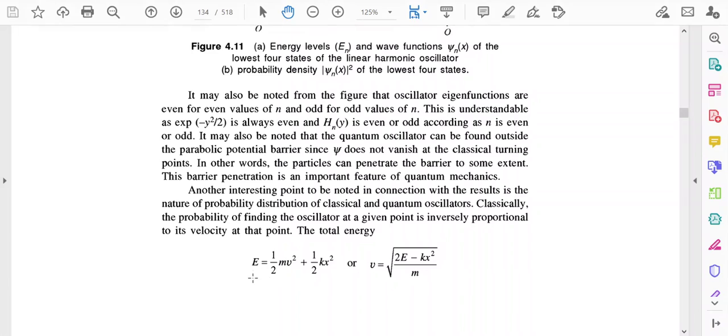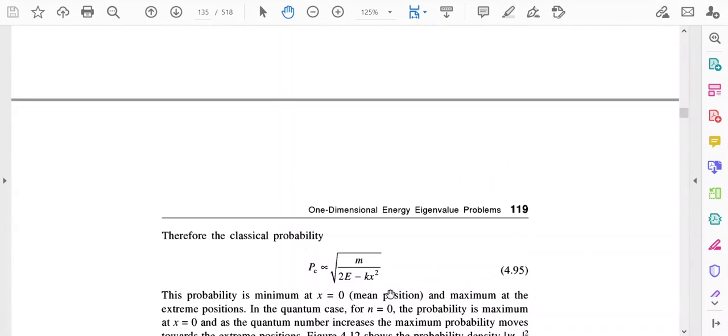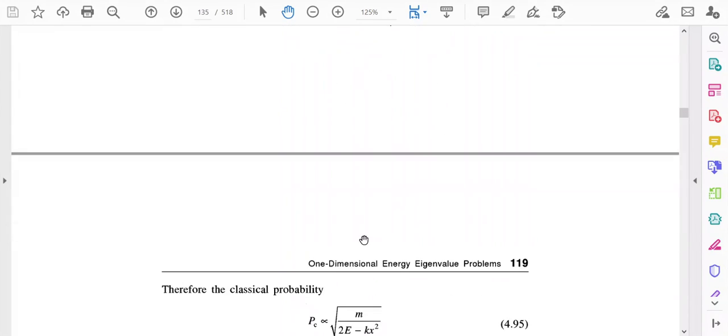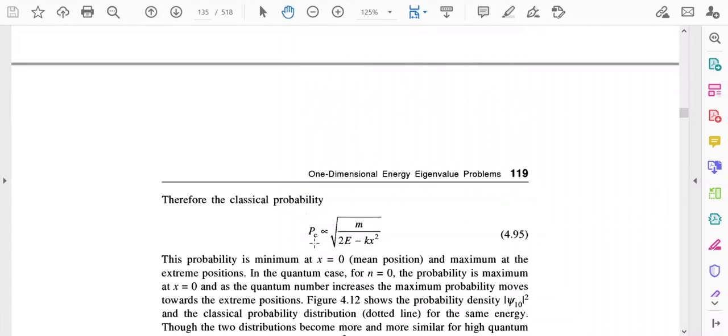The total energy for a classical oscillator is half m v squared plus half k x squared, so from this expression the velocity is equal to root over of (2E minus k x squared) by m. Therefore the classical probability P_c, as it is inversely proportional to the velocity, should be proportional to root over of m by (2E minus k x squared).